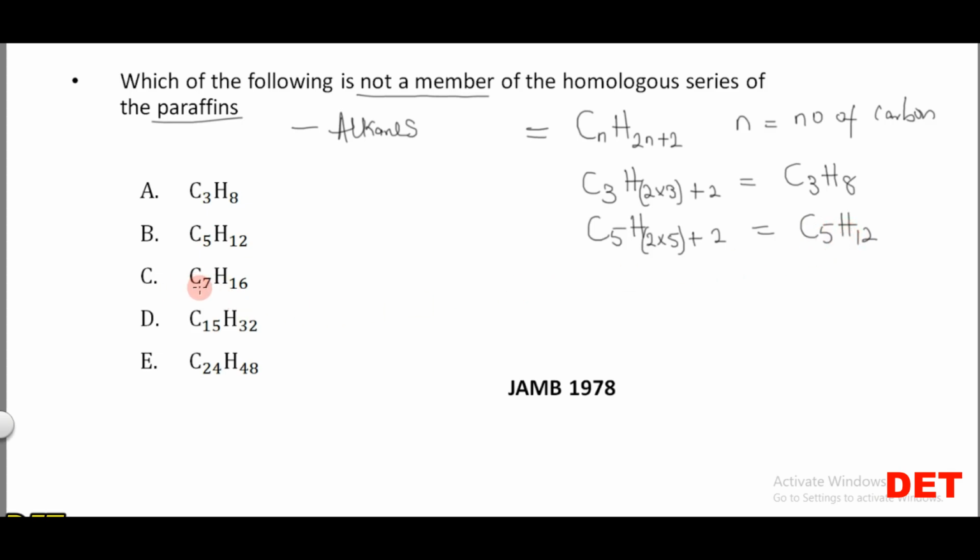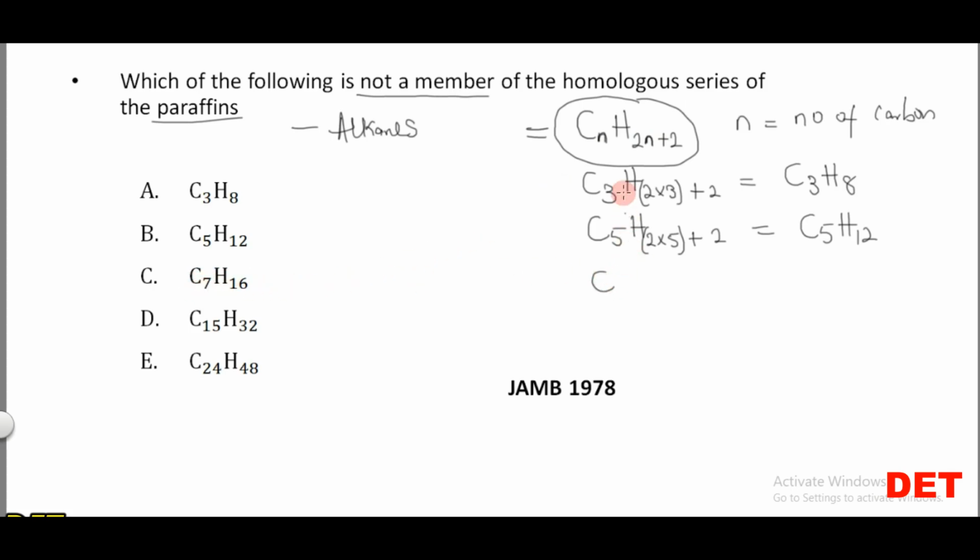Then let's look at option C. Option C is C7H16. Like I said again, the n that you see in this general molecular formula is equal to the number of carbon. For option C, the number of carbon is 7.